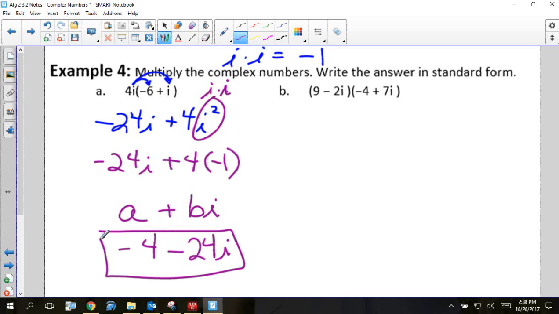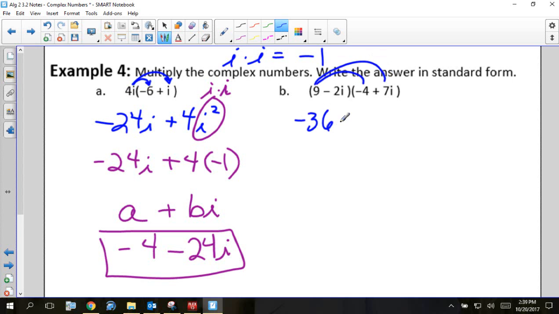So this very last example that we're going to do, how would I multiply 2 terms times 2 terms? We've done it a lot lately. Starts with an F, has an O, then an I, and then an L. We'll distribute. So 9 times negative 4, negative 36.